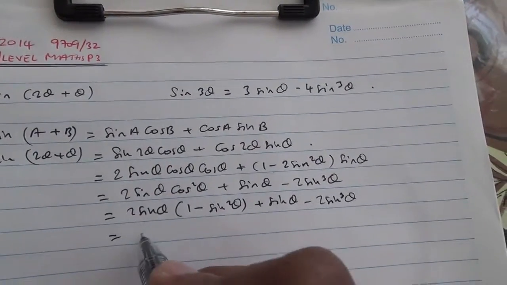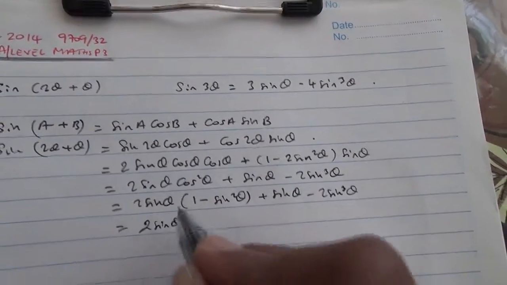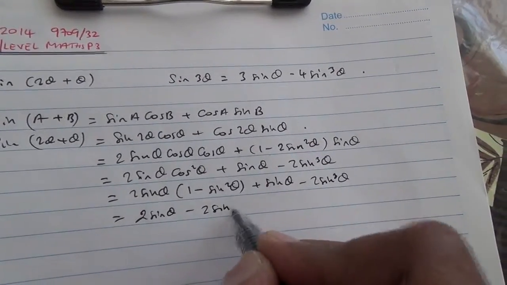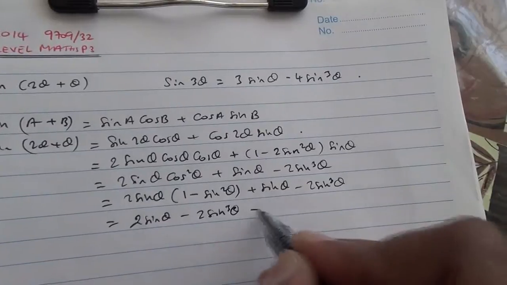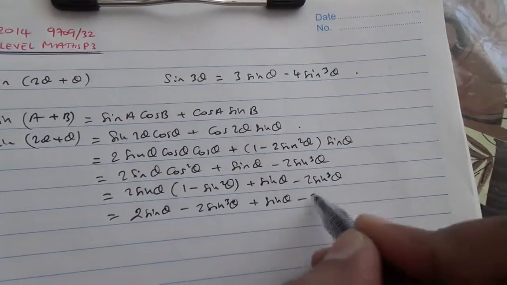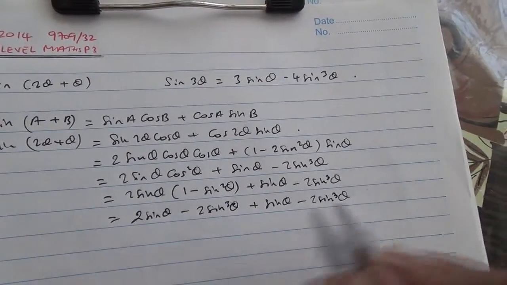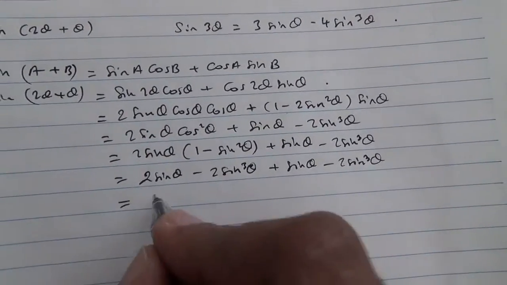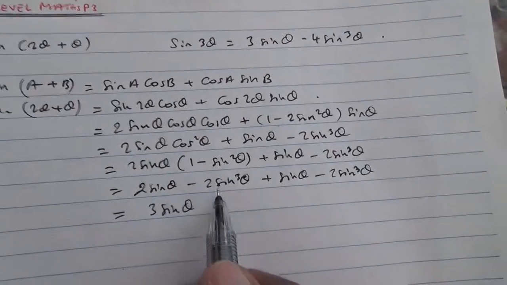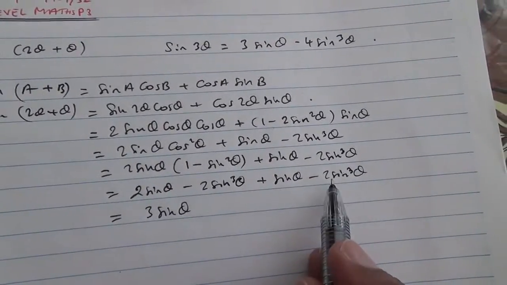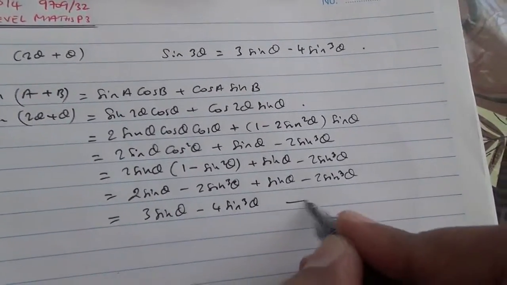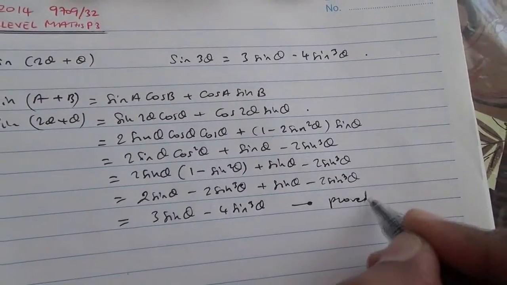So 2 sine theta times 1 is 2 sine theta. 2 sine theta times sine squared theta is minus 2 sine cubed theta, plus sine theta, minus 2 sine cubed theta. 2 sine theta plus sine theta is 3 sine theta, minus 2 sine cubed theta minus 2 sine cubed theta is minus 4 sine cubed theta. Here we are, it's been proved.